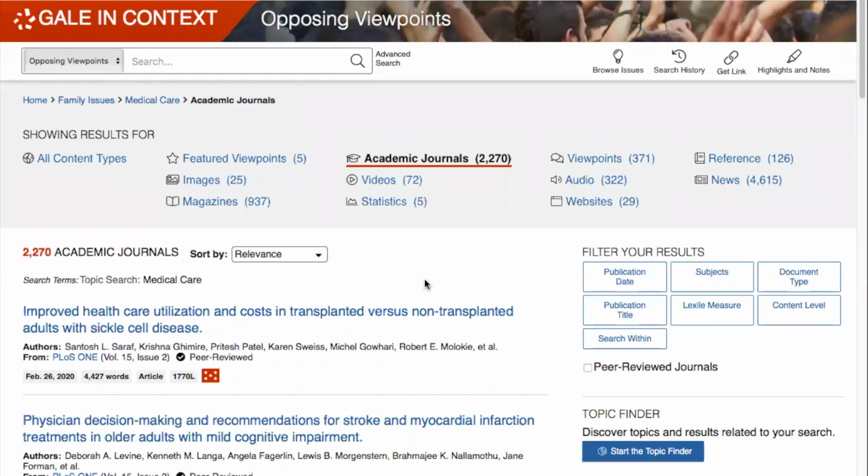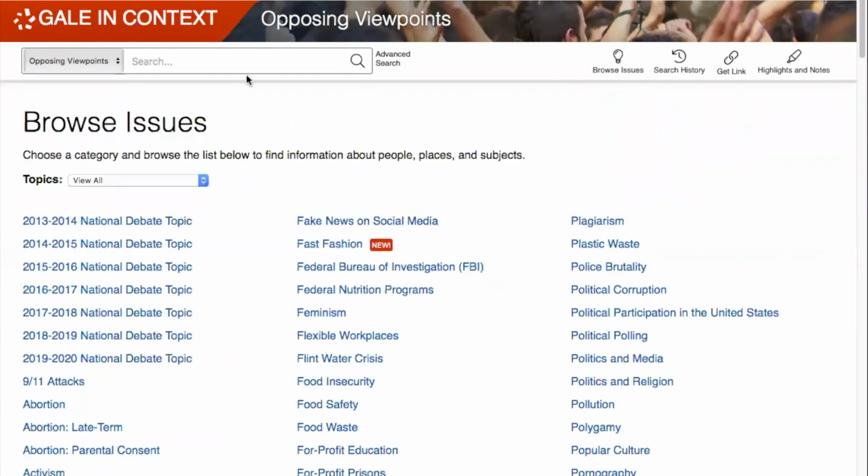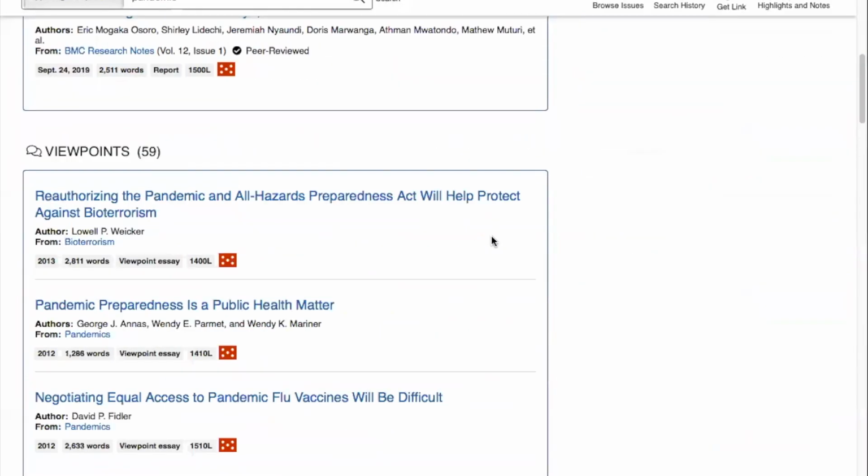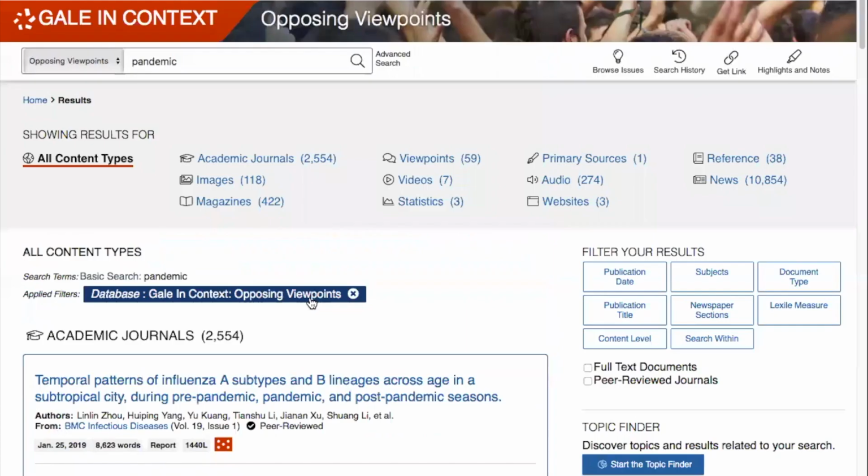So those are the main parts in Opposing Viewpoints. You can start up here with browse issues, find some topic that's interesting to you, or you could type one in and see different viewpoints on that, and then go from there.